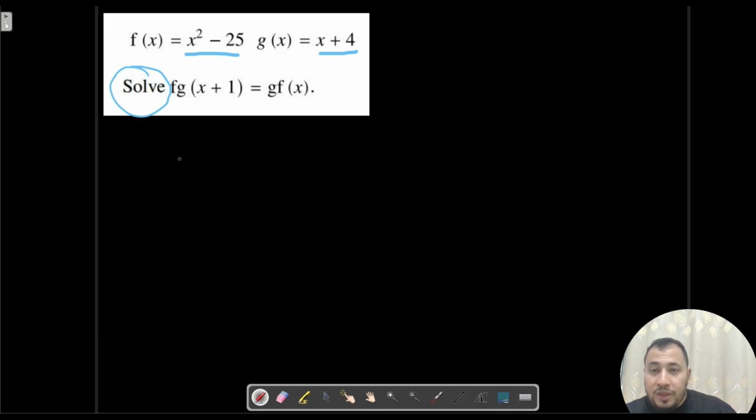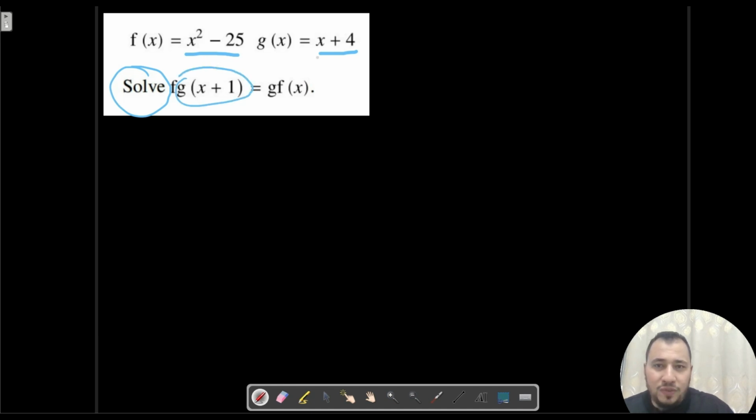Okay. The extra thing here is you are getting the left hand side and right hand side, then you manipulate the equation and solve it. So fg of x plus 1, step by step, no need to rush at all in this kind of questions. So that's why we are going to start with g of x plus 1 over here.